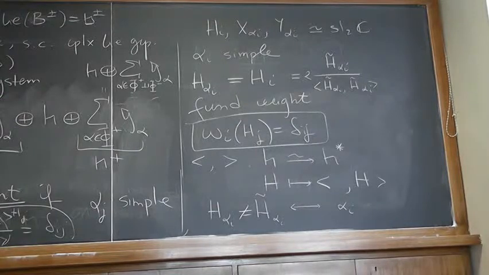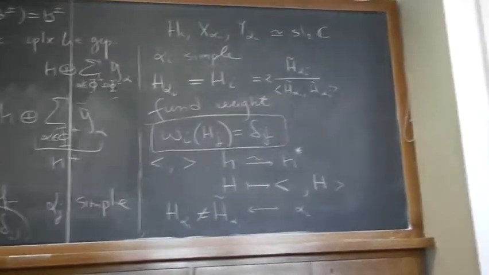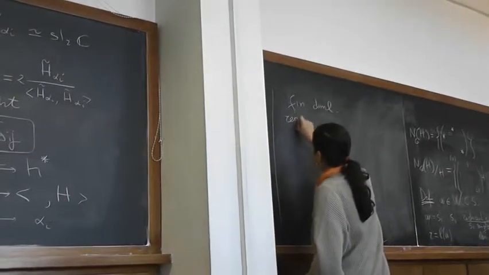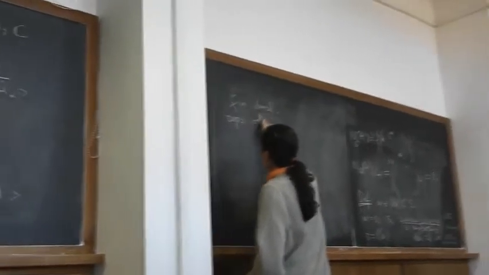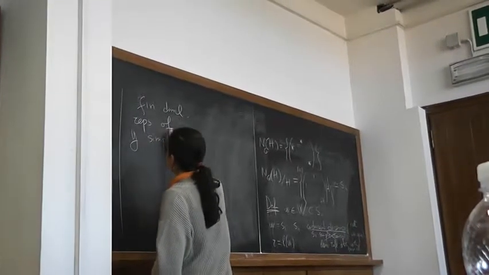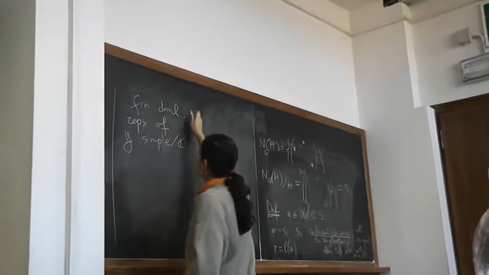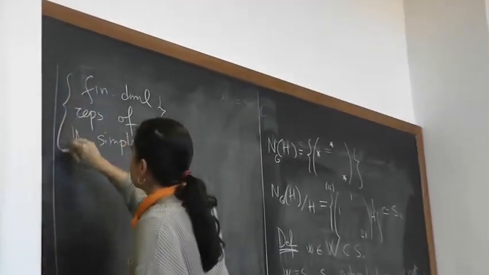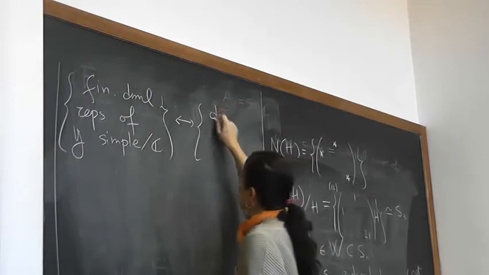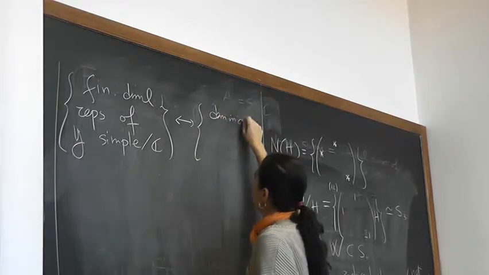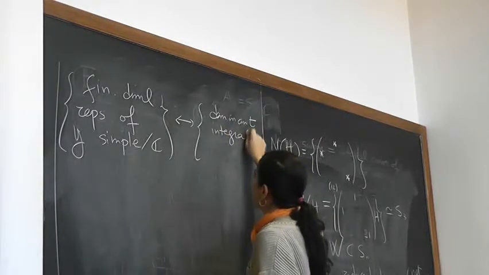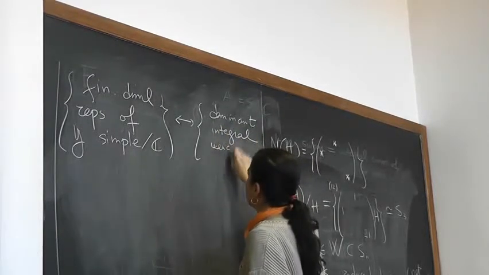So, finite dimensional representations of G simple over C. They one-to-one correspond to dominant integral weights.